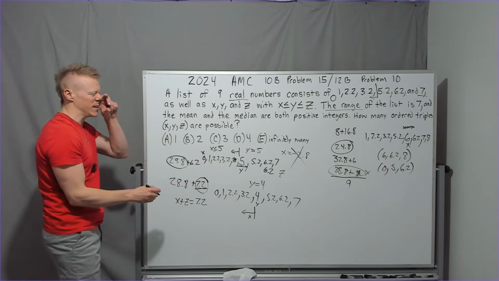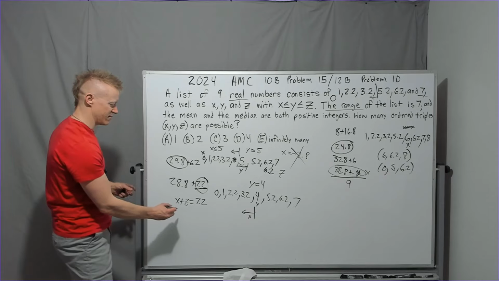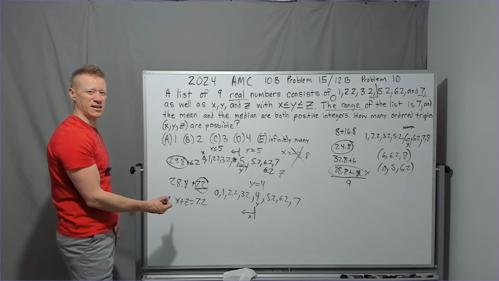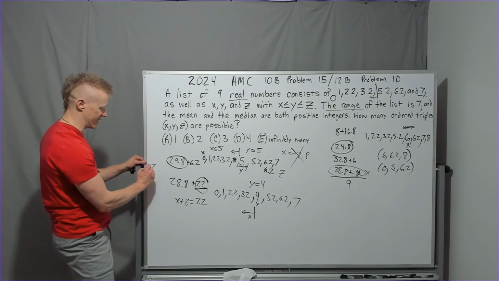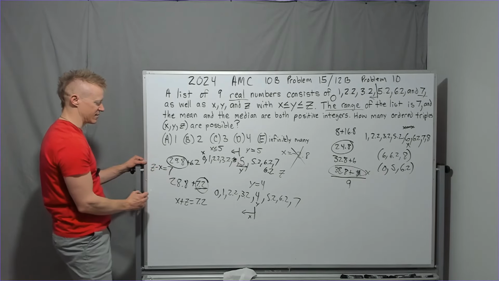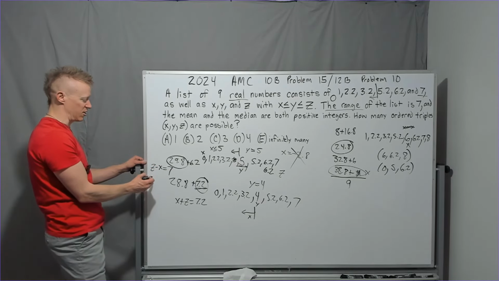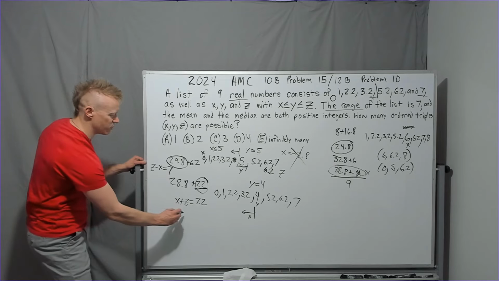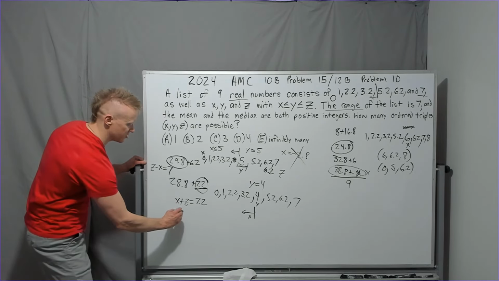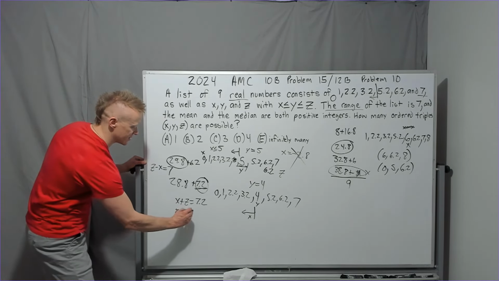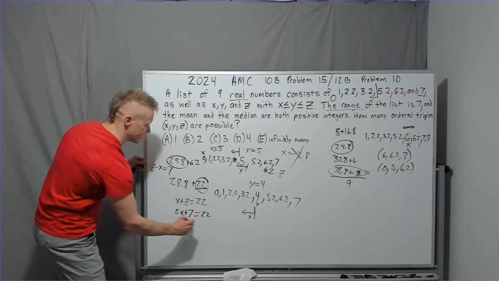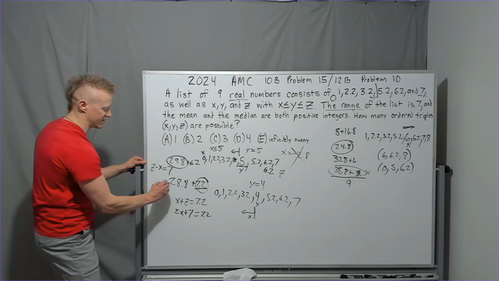How do I fix that? Oh, well, what if I just made z minus x equal to 7? So if I say z minus x is 7, the range, because making z the largest, then I could replace z with x plus 7. So 2x plus 7 equals 7.2, and that tells you x is 0.1.